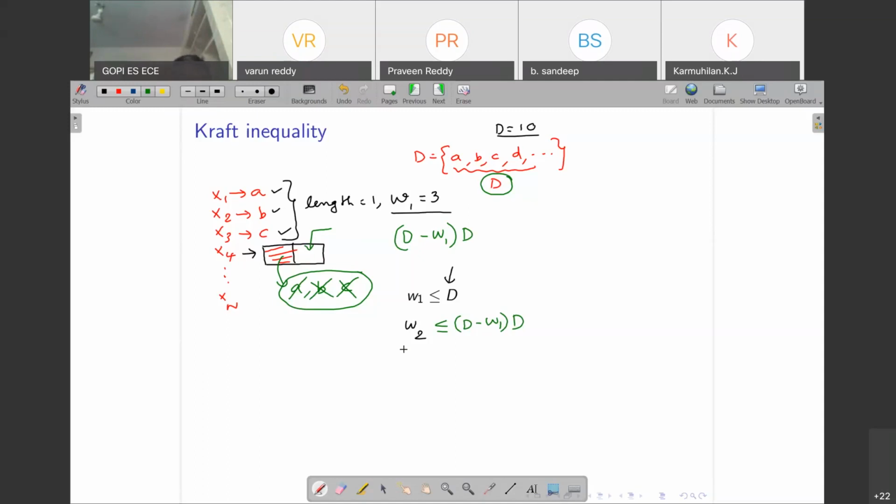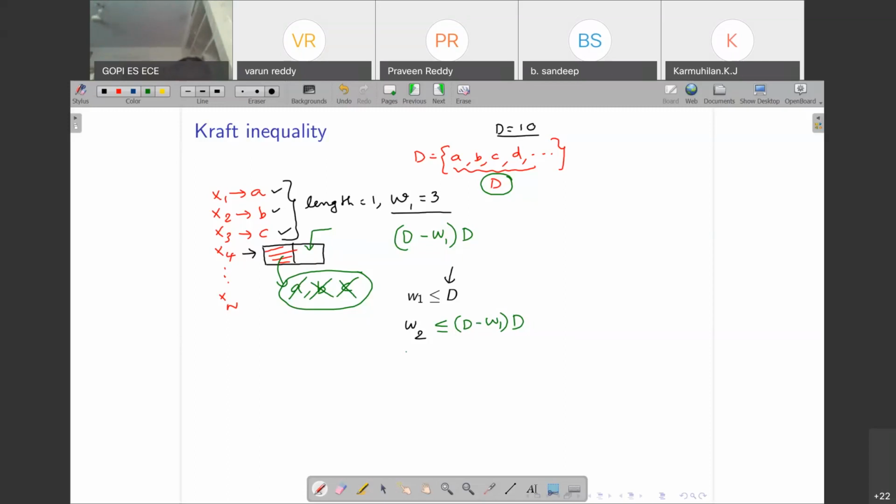So the remaining thing is D minus W1 into D minus W2, that is in these two boxes together, and this box we can have D. So into D you are going to have. Now your W3 is bounded like this.